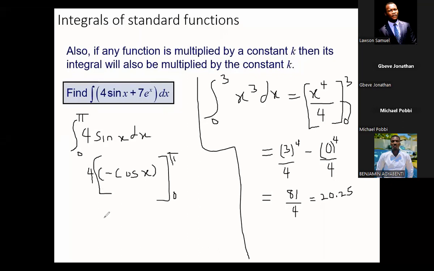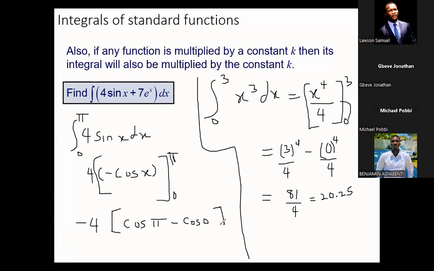So this will look like this: 4 times negative. In fact, the negative 1 can even come out. So negative, then we have cos of pi minus cos 0.